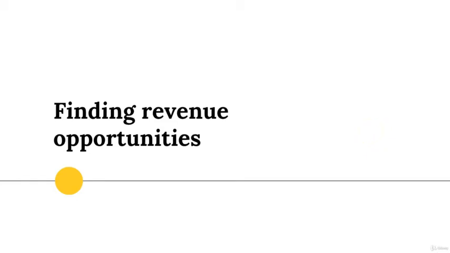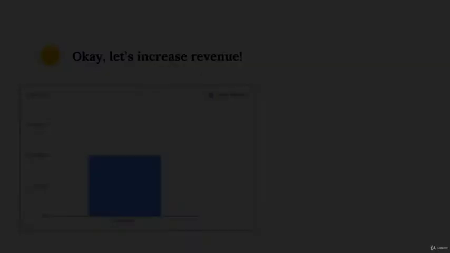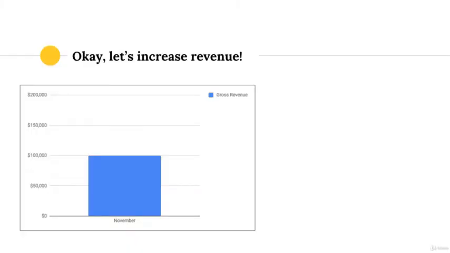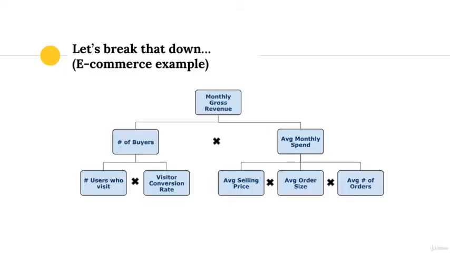Now let's talk about finding revenue opportunities. And of course, once again, if you're just looking at your total revenue number, you're probably not going to know what to do. So break it down. So if we're looking at an e-commerce example, monthly gross revenue is going to be made up of the number of buyers times how much they're spending in the month.